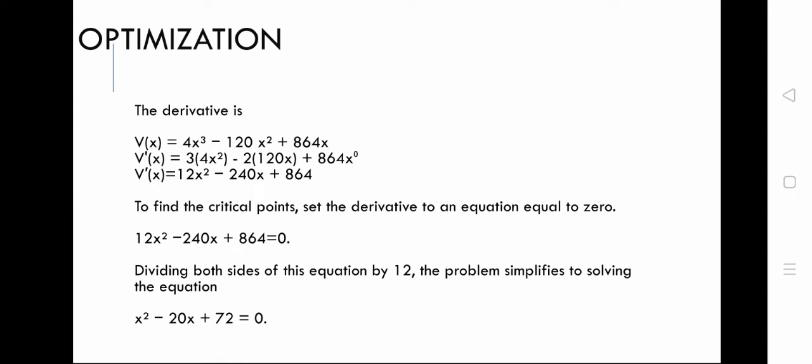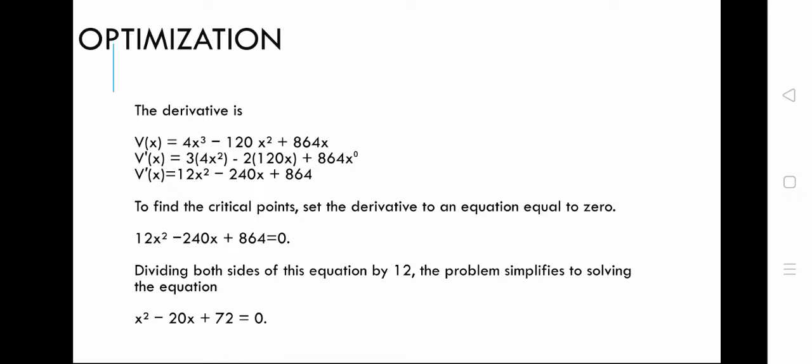So, simplifying will give us V prime of x is equal to 12x squared minus 240x plus 864. To find the critical points, let's set the derivative equal to 0. So, ito na yun na yung V of x natin, yung V prime of x, gagawin natin equal to 0. So, 12x squared minus 240x plus 864 is equal to 0.